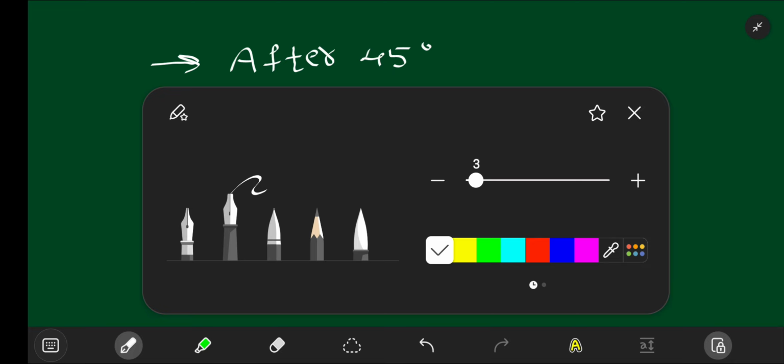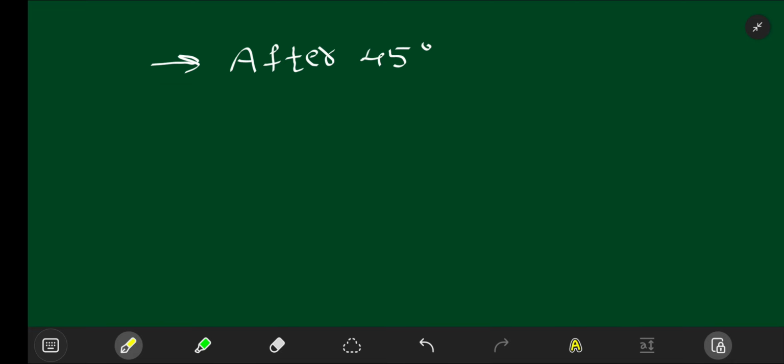Next, the third and last statement is, after 45 degrees, sin theta is greater than cos theta.